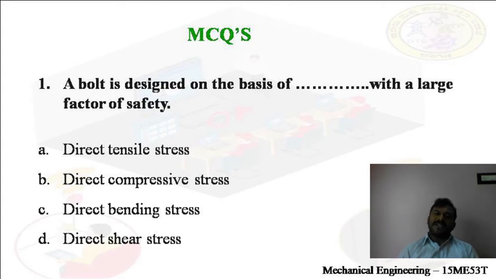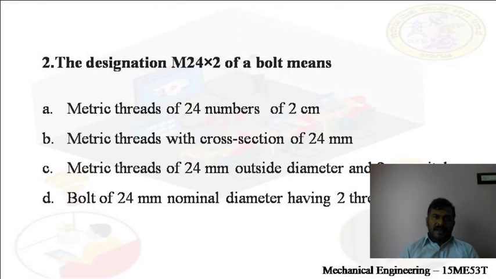A bolt is designed on the basis of dash with a large factor of safety. That means how the bolts are designed: whether we are going to consider direct tensile stress, direct compressive stress, direct bending stress, or direct shear stress. The next one, the designation M24 into 2 of a bolt means, that is, if we write M24 into 2, what is the meaning of this?